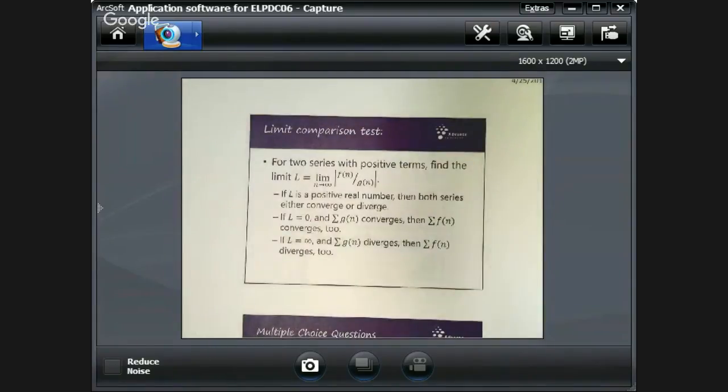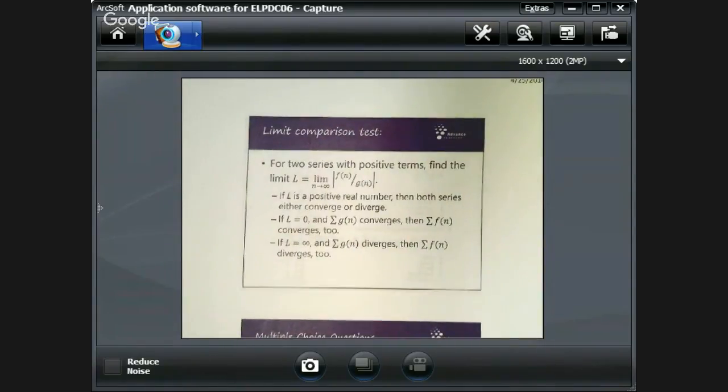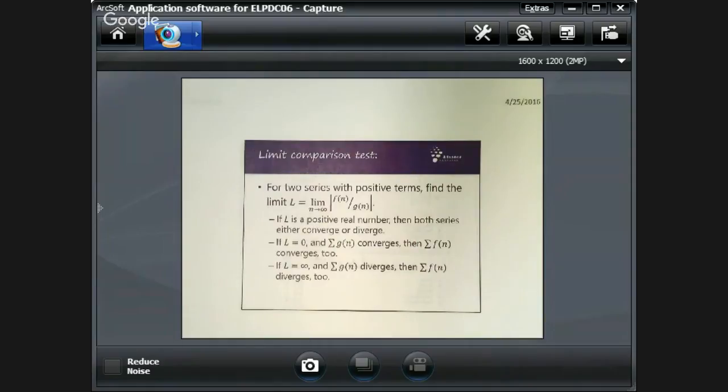And finally, the last test here is the limit comparison test. Basically, you're going to use two nth terms from two series. Now, sometimes students wonder how I am going to determine what to pick.